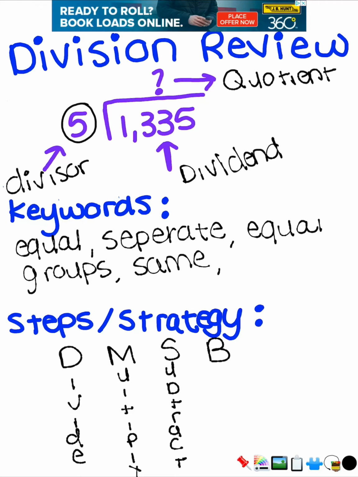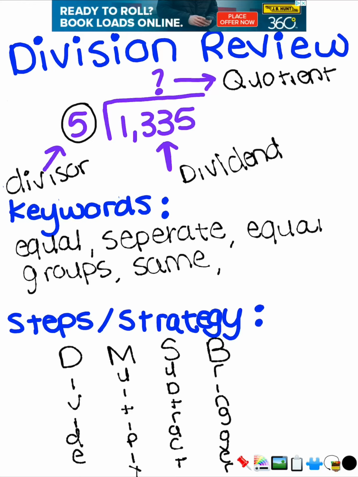And our B stands for either bring down or bring over, depending on which strategy you choose. I'm just going to write bring over since most of you use our area model for division. So these are our 4 steps: divide, multiply, subtract, bring over. Or you guys remember it as, does McDonald's sell burgers?